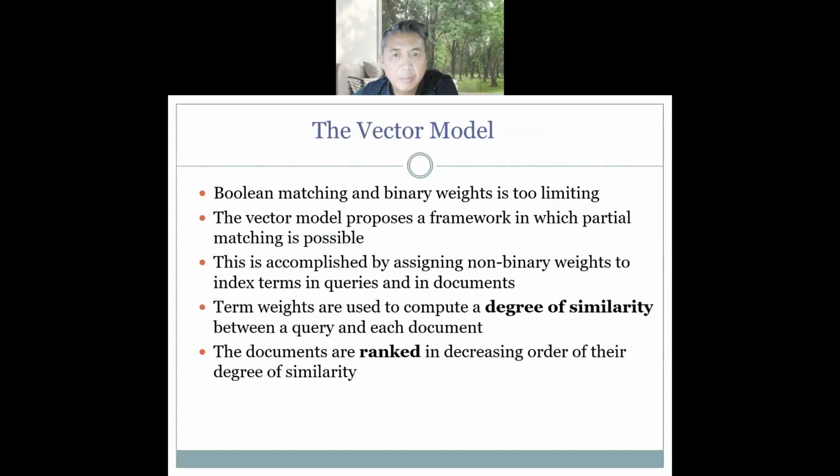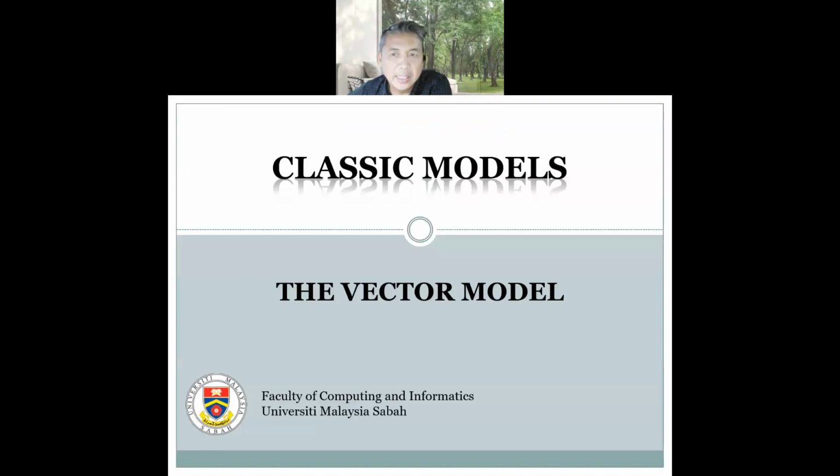Okay. So the last part of this lecture is about the vector model. This is used to represent the document, and at the same time we will find the distance between the query and the document.